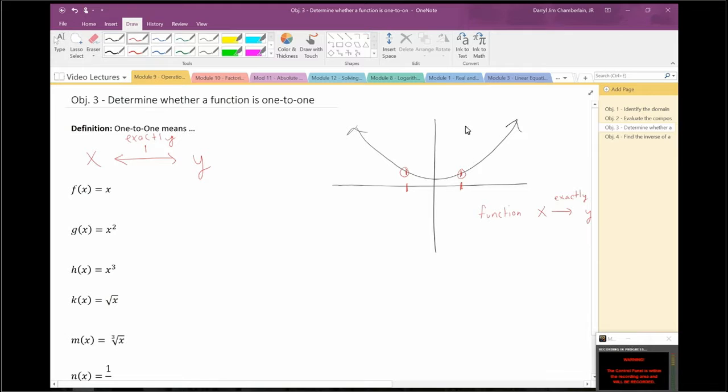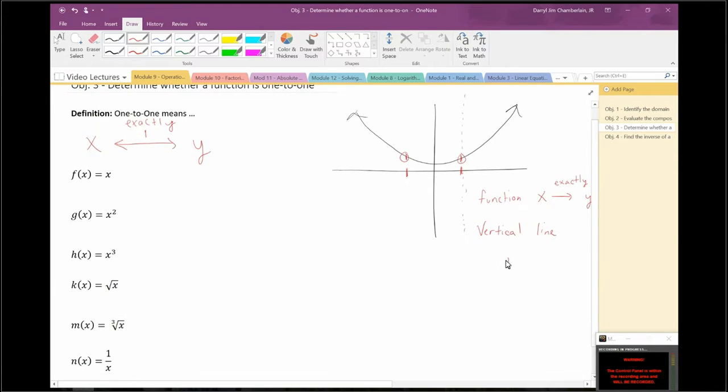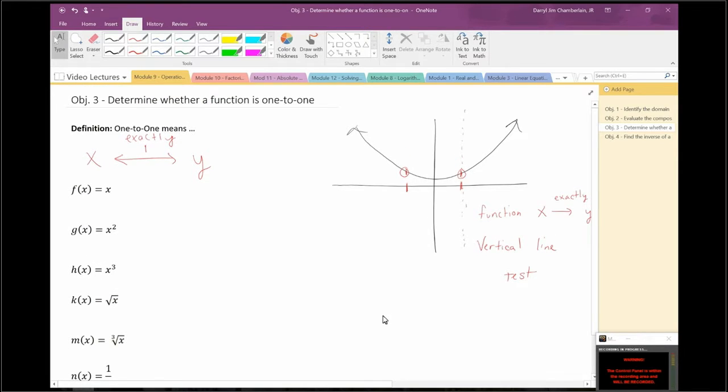So if we want to make sure that every x has exactly one y, we normally talk about this vertical line test. If we want to see if something is one-to-one, we want to talk about a horizontal line test.